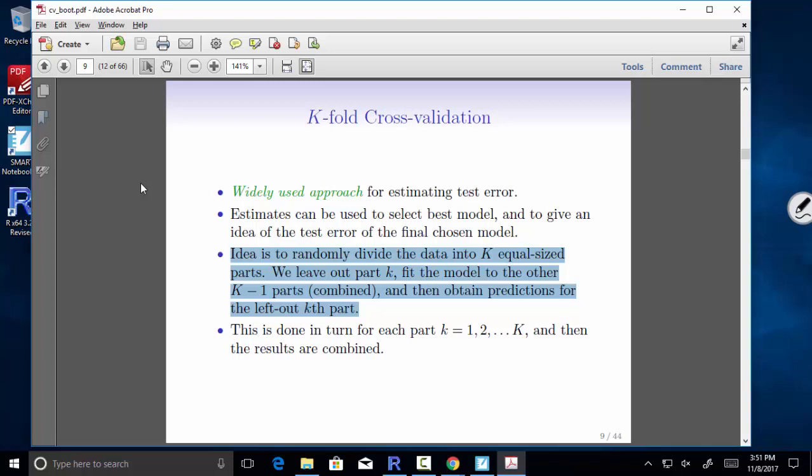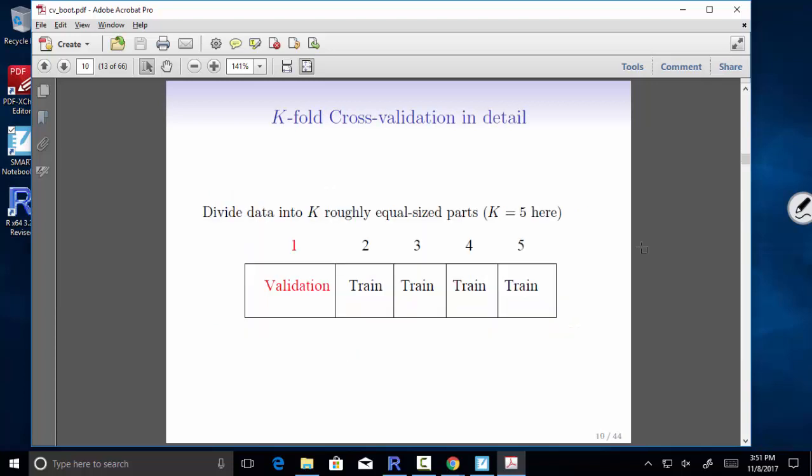It's not perfect, and it has much higher variance than the test set approach. But at least in expected value, it's a valid way to estimate the generalizable accuracy. So here's an illustration visually. Break the data into 5 sets if we're doing 5-fold cross-validation.